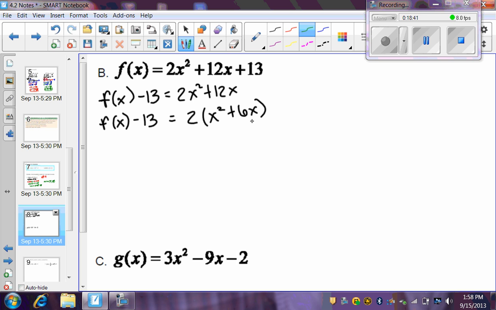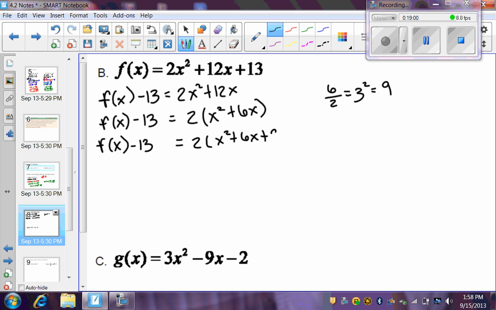Now my b is 6, so off to the side, 6 divided by 2 is 3, and 3 squared is 9. So that tells me that I have f of x minus 13 equals 2 parentheses x squared plus 6x plus 9. But remember, I still have to add something to the other side, and that something comes from multiplying these two. So 2 times 9 is 18.